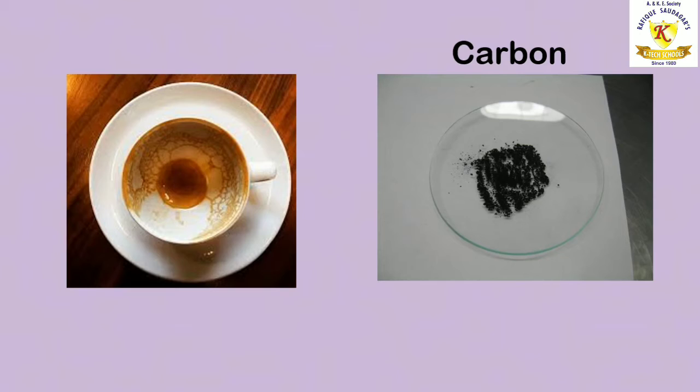Here residue means a small amount of substance left over after heating, burning or combustion. In some cases, the combustion is not complete, and black colored carbon remains behind as residue.